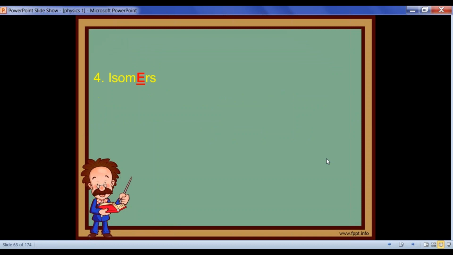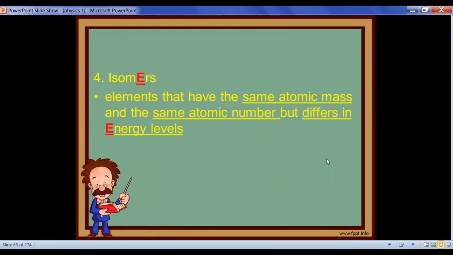Then lastly, the isomers. So elements that have the same atomic mass and the same atomic number, but differ in energy levels. So isomers, so technetium 99, also we have here technetium 99 also, because the same atomic number.